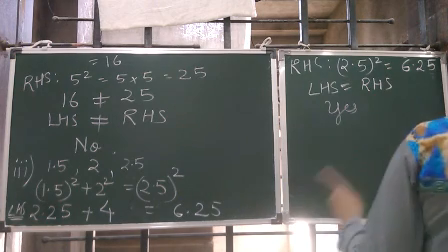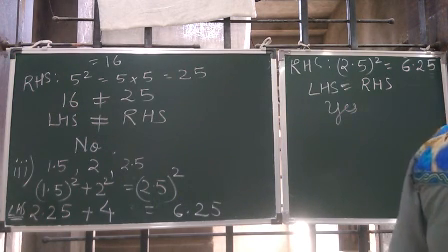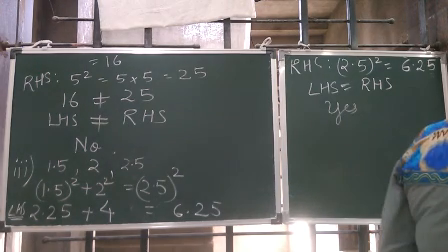Wherever it is yes, it is a right triangle, otherwise it is not a right triangle. Now we start with fifth question, question number 5.